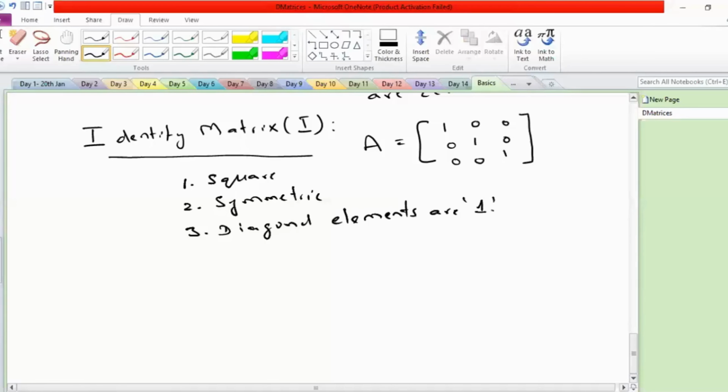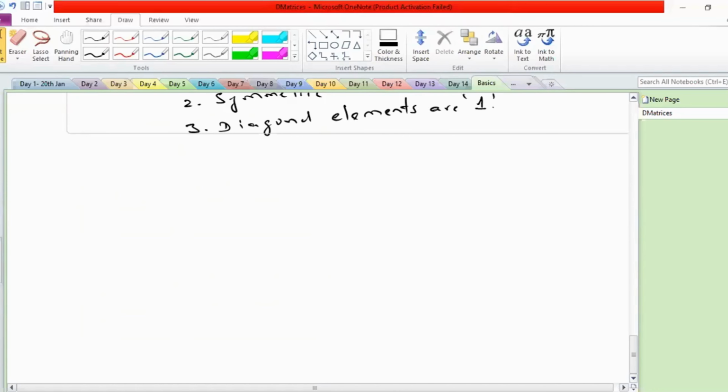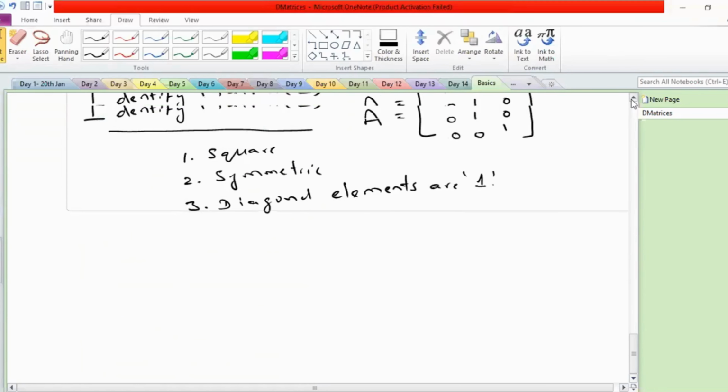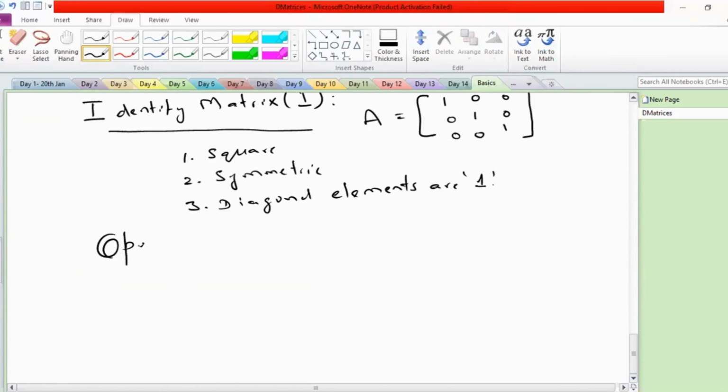Okay, so those are a few fundamentals with respect to matrices. There are a few more types of matrices, which we will learn in another 10 minutes. But before going there, let us look at a few operations that are possible on matrices. What are the various operations that you can perform on matrices? One, you can do addition.